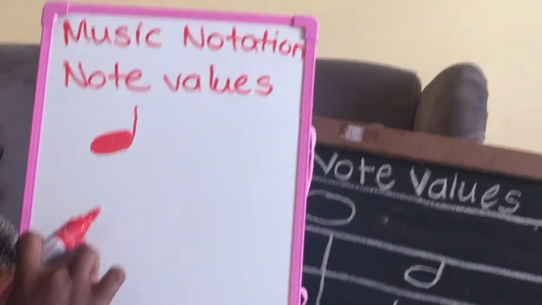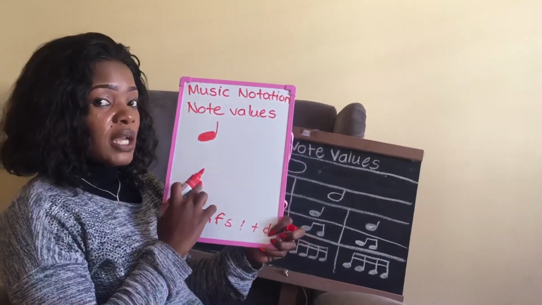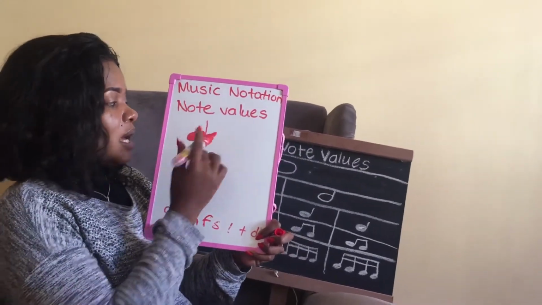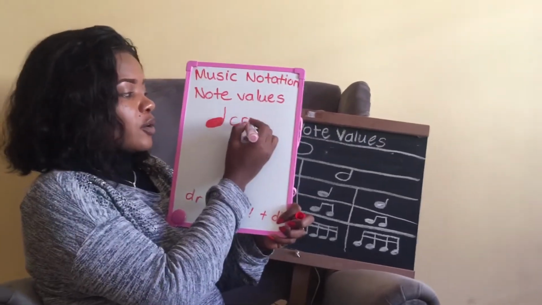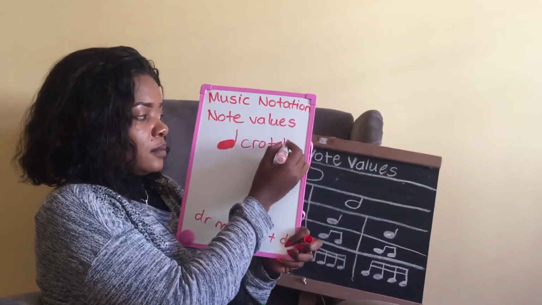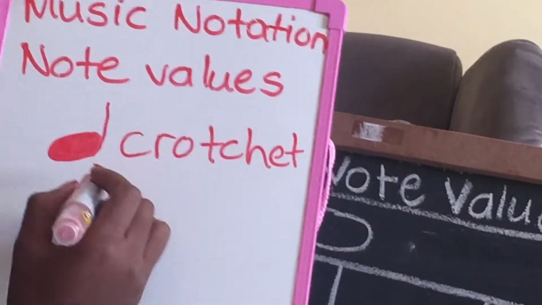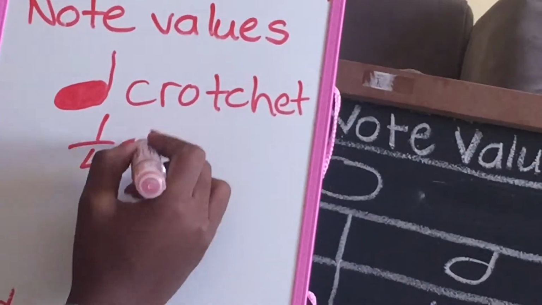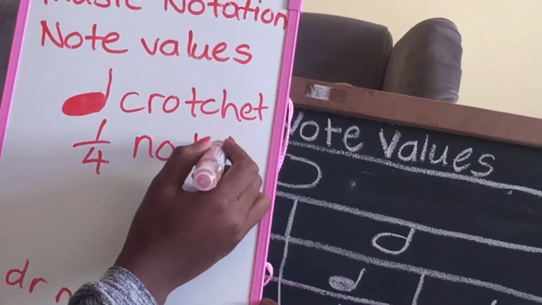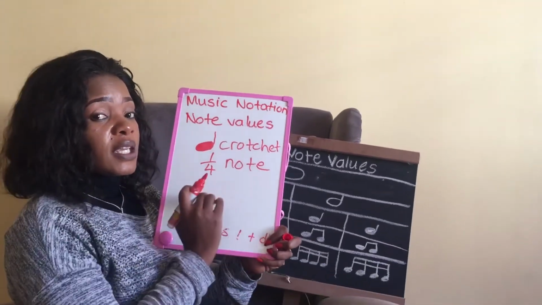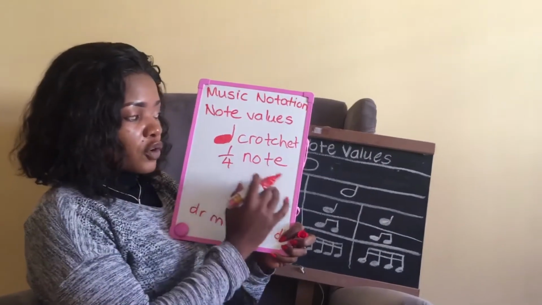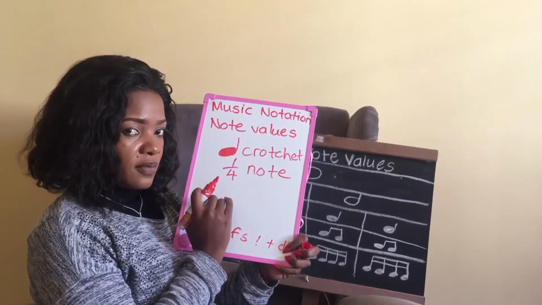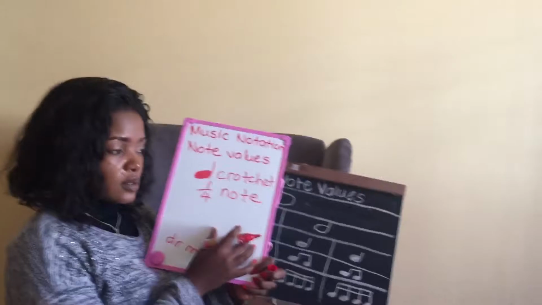The difference is that a minim is not shaded, but this one is shaded. This one is called a crotchet, or a quarter note. Why? Because 4 of these give us 1 whole note. 4 crotchets give us 1 semibreve. This is why we call it a quarter note.